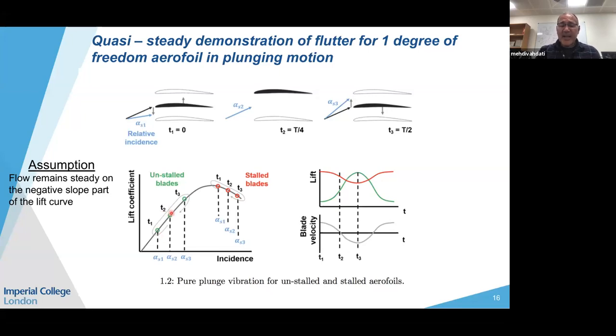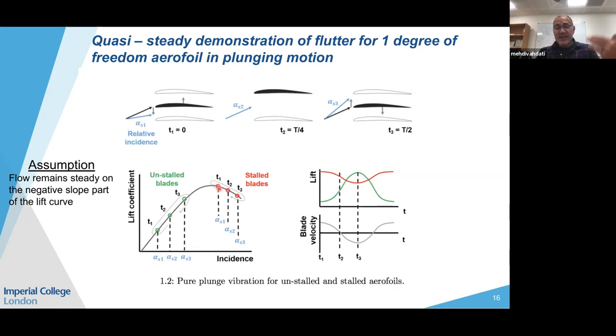Consequently, the lift created on the blade increases, which tries to move the blade down. And while you are in the proper part of the incidence versus lift curve, i.e. the unstalled part, the lift that you create, shown by this curve, is always against the displacement of the motion of the blade. So you are always out of phase, and in this scenario you're always damped.